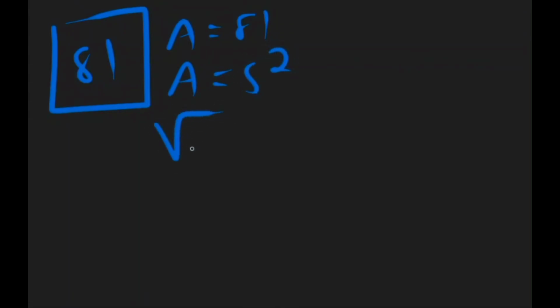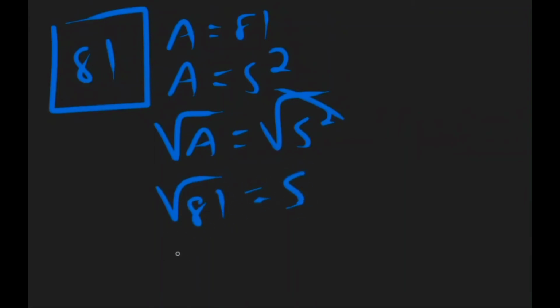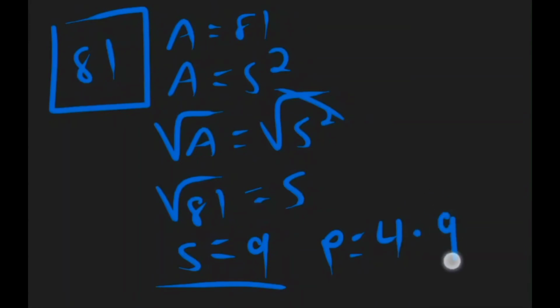We have to take the square root of both sides. The square root would cancel that squared. So the square root of 81 equals the side. The side equals 9. And then the perimeter would equal 4 times 9. So the perimeter equals 36.